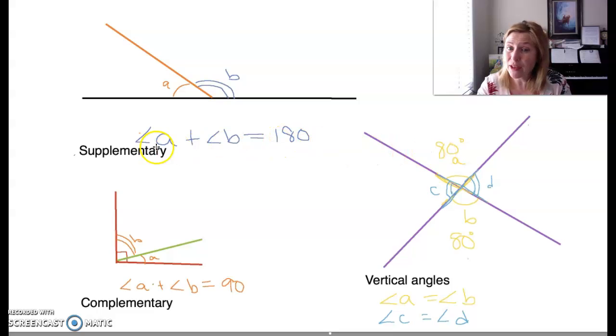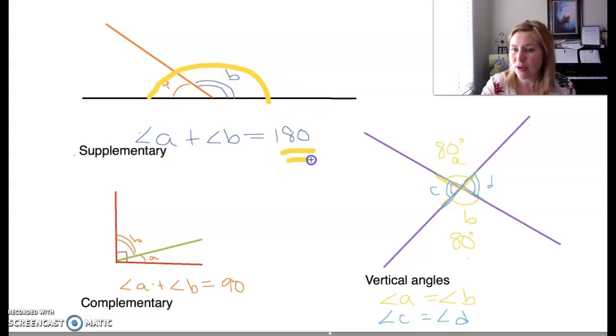We have to go back and look at this one right here: when I have a straight line, let's make this really bold, and I add two angles together, the total angle is 180 degrees. So now let's look at this for a second. This is angle A plus angle D. I can have this total angle, and it's going to sum to something right here, because this is a straight line.